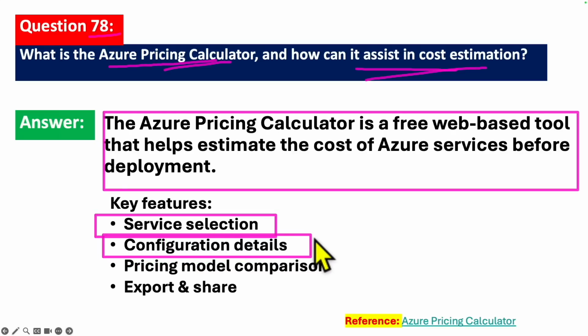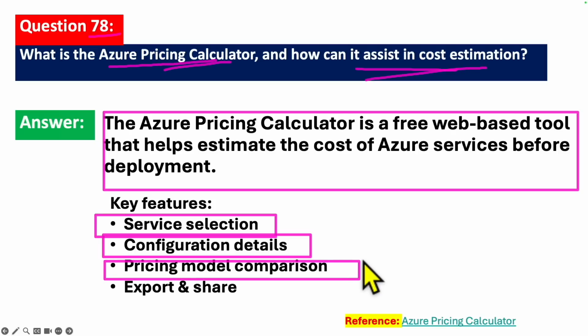You can configure specific details for each of these services, including picking a region, and how that affects the cost, or you can pick a different tier. When we studied storage, we studied different tiers like hot, cool, and archive. So you will be able to pick and choose region and tier, and you can expect different types of cost estimates based on whichever option you choose.